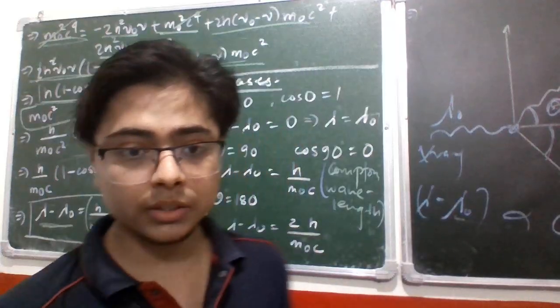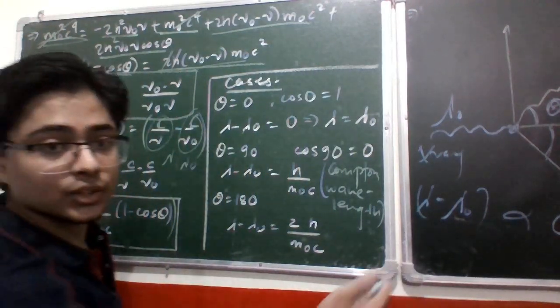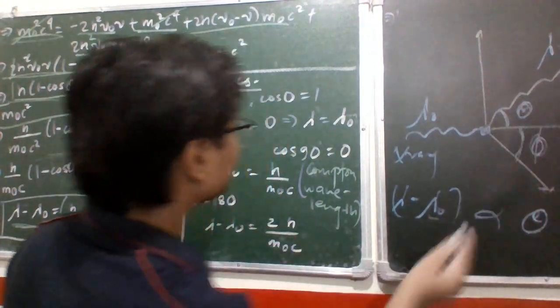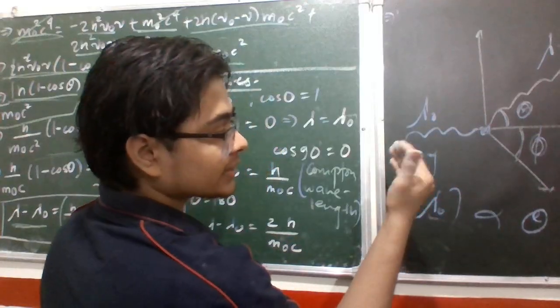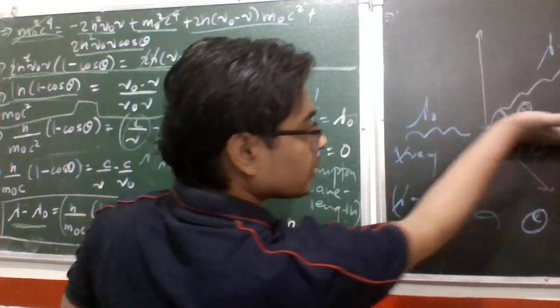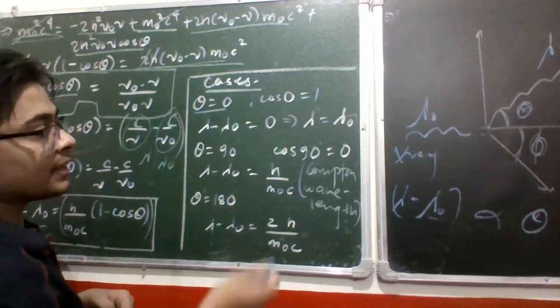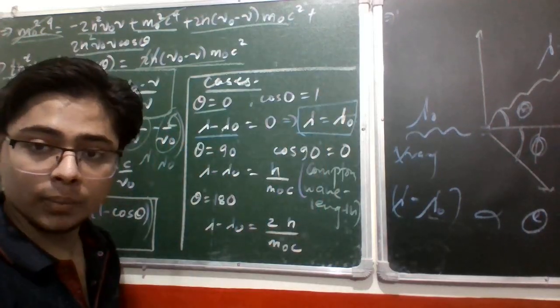So we have got some cases here. First one, let's suppose this theta to be 0. That means even after scattering, it just goes along the x-axis. If that is the case, then there won't be any change in the wavelength.